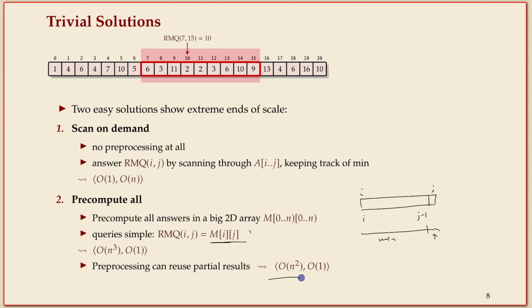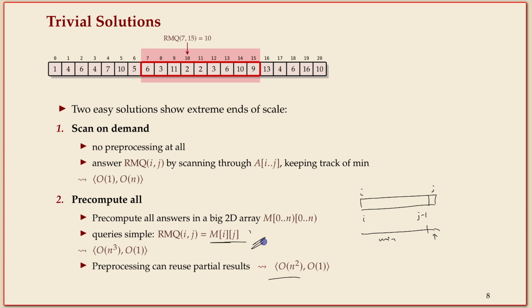And I think this is all you can do with these very simple solutions. Now, if you think about this a bit, we kind of like this pre-compute all because it's very fast at query time.